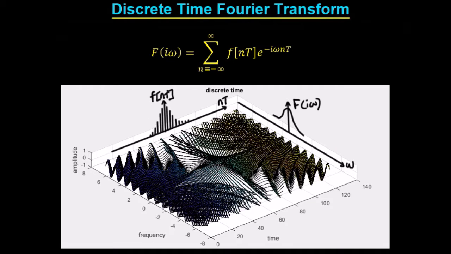Once it's multiplied the surface, we're just left with a whole load of cosine terms, and we add the cosine terms up in terms of the time axis. So we're going to add all these cosine terms up in this direction here, and when we add them all up, the height of them is going to give us the actual Fourier transform here. And you can see that the Fourier transform, importantly, is going to be a continuous function because the omega axis is still continuous.